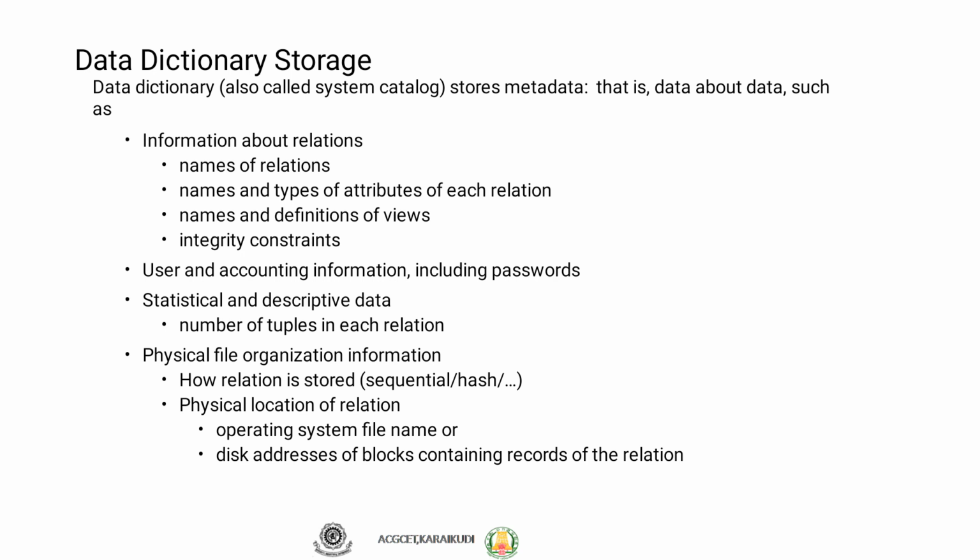and data on the system users: names of the authorized users, accounting information about the users, and possibly statistical and descriptive data, the number of tuples in each relation, method of storage used for each relation.